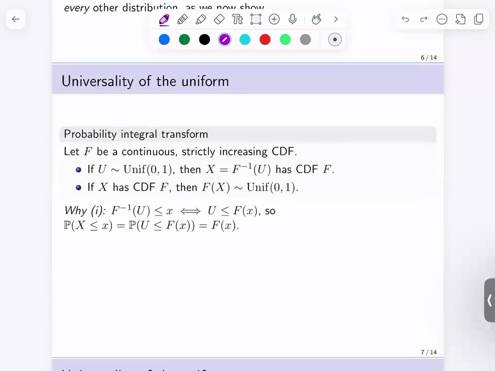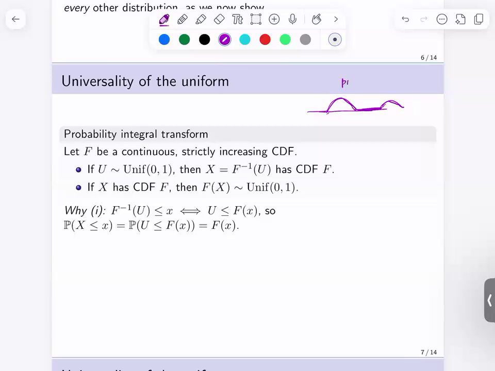So let F be a continuous, strictly increasing CDF. We're excluding the case where the PDF has zero parts, the flat regions in the CDF.